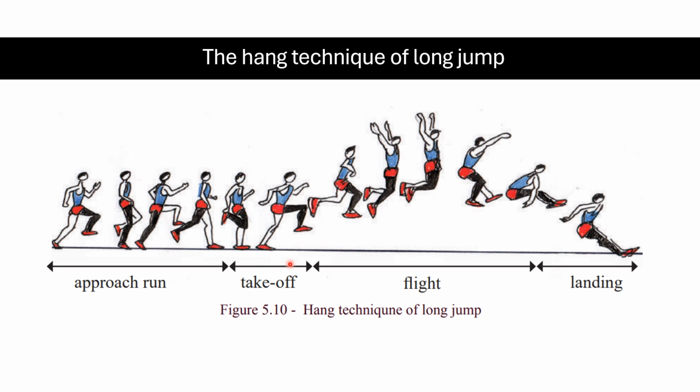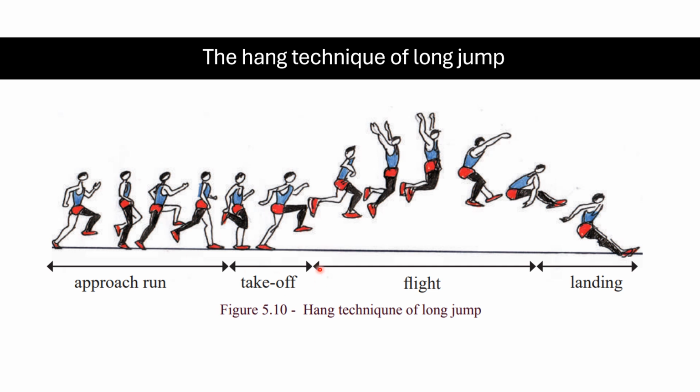And you can see that at the moment the jumper's takeoff leg releases from the takeoff board, the heel, the knee, and the hip are well straightened, and the free leg is horizontal to the ground. And the other thing is the jumper's takeoff foot and the foot that he uses to start the approach run should be the same.